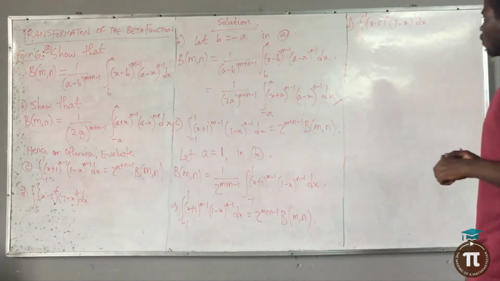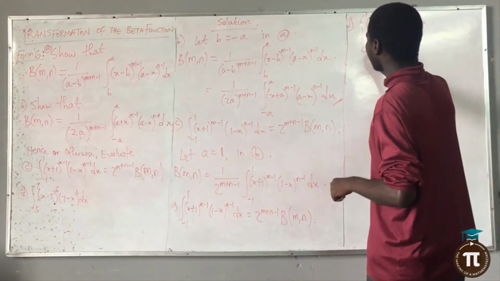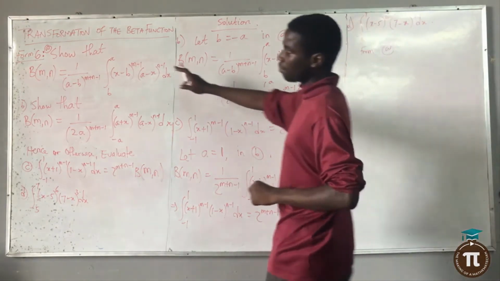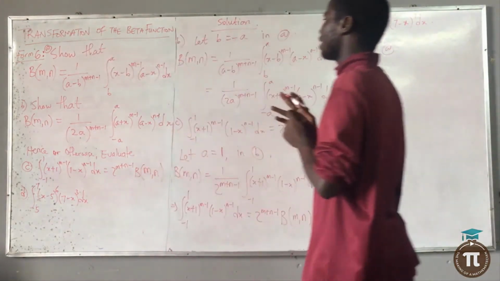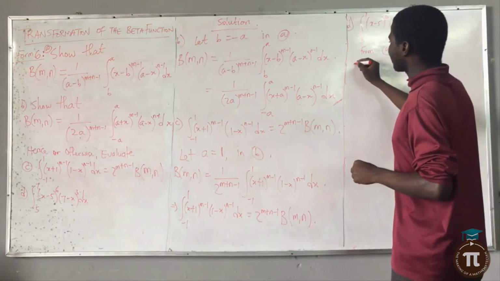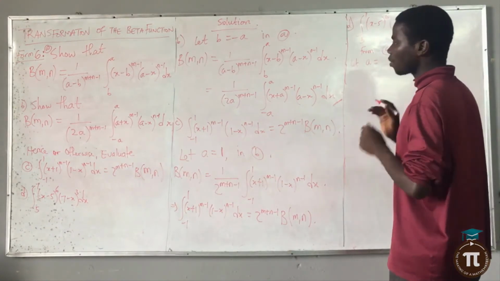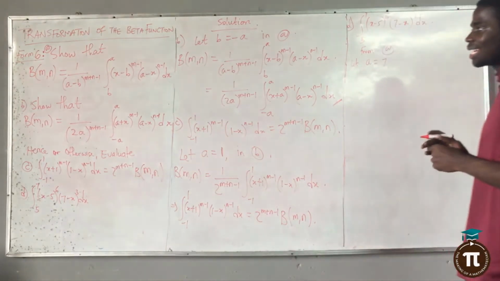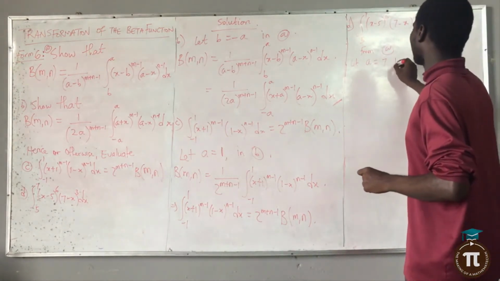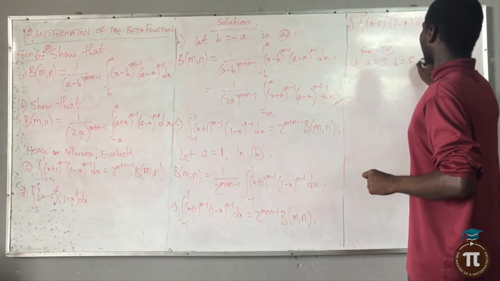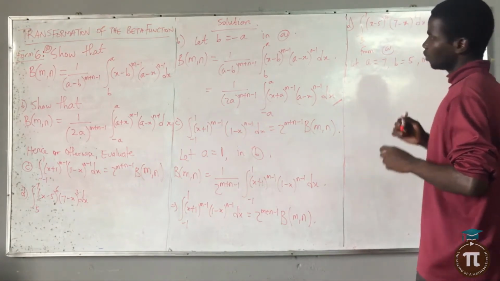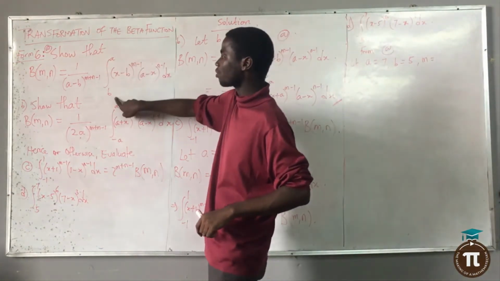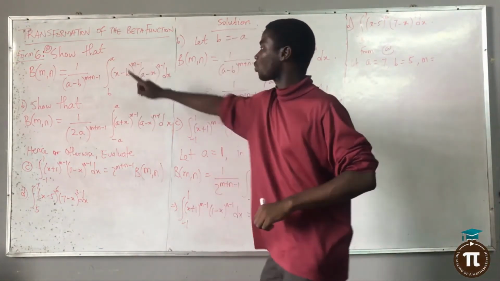If you look at from A very well, the meaning is that let A be equal to 7 and let B be equal to 5. Look at what I'm trying to do, I said let A be equal to 7, B be equal to 5.